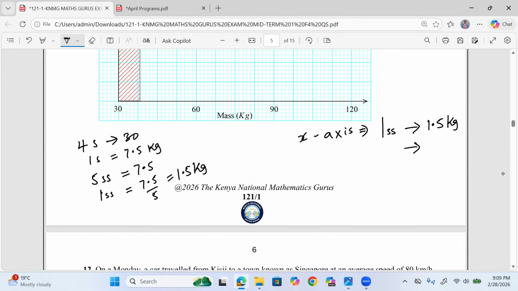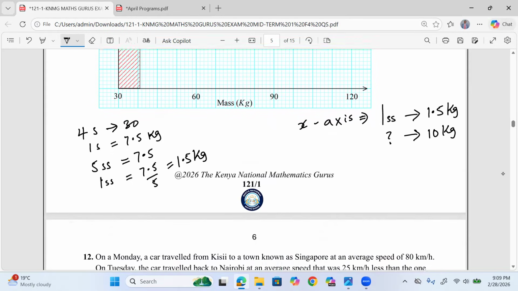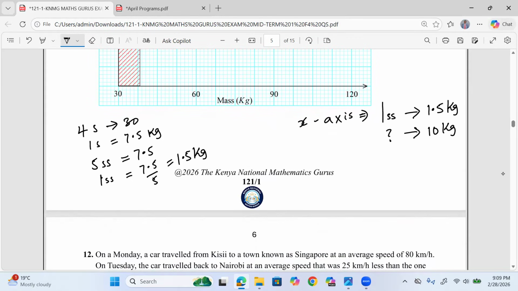Then what shall represent the 10 kg in the first class? One small square is 1.5. What about 10 kilograms? So we need 10 divided by 1.5, which is approximately 6.7 small squares.